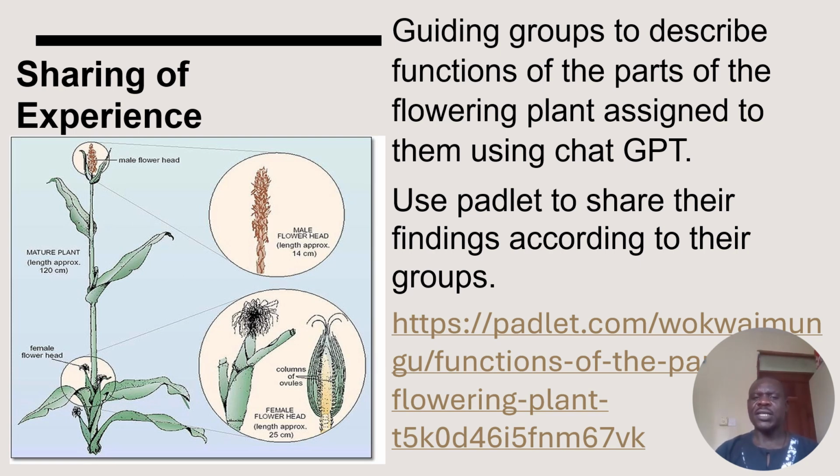So you are going to work in the groups. Those people who are looking for the parts of the flowering plants, like the leaves, they look for the functions of leaves. Those who worked on the parts like the roots, they look for the functions of the roots. The rest of the other groups will work on that specific part that has been assigned to them.